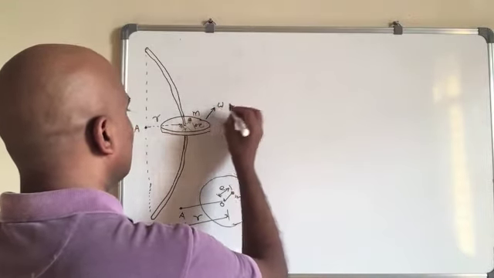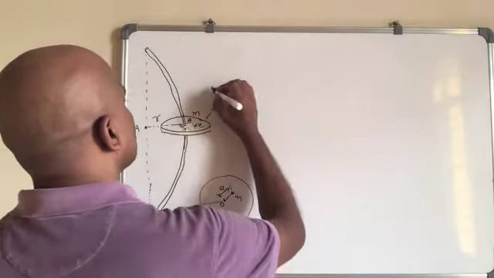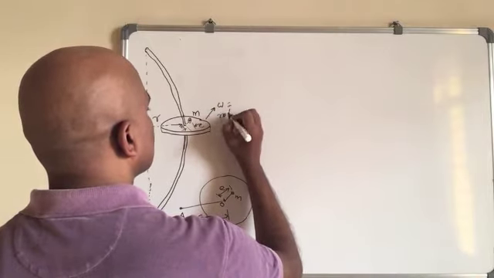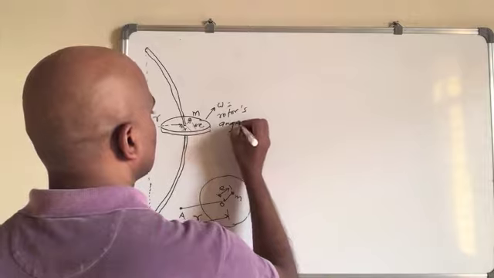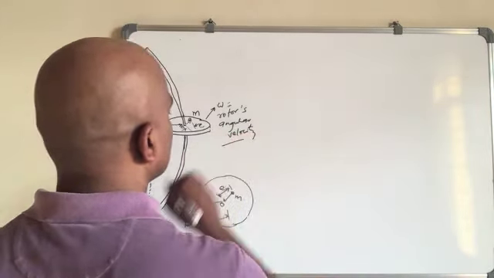The disk is rotating with omega, so omega is equal to the rotor's angular velocity.